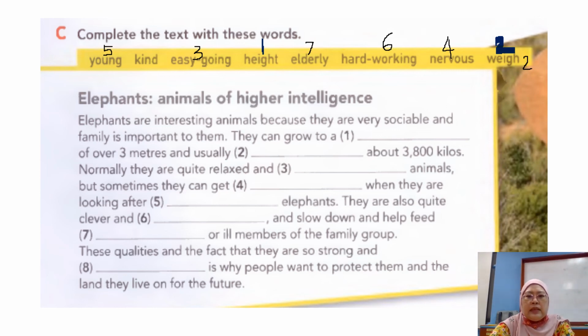So number 8 will be hardworking. So meaning that number 6 will be clever and kind. So this is number 6. So you have all the answers and copy this down in your comprehension exercise book. Bye for now.